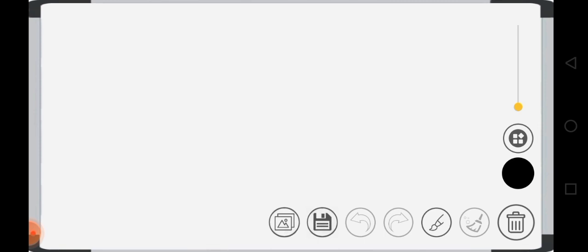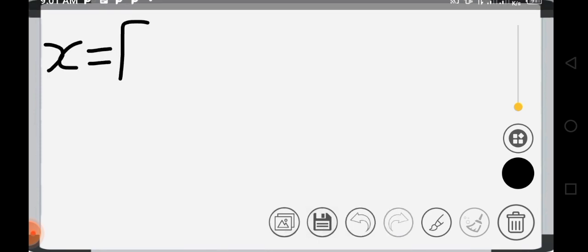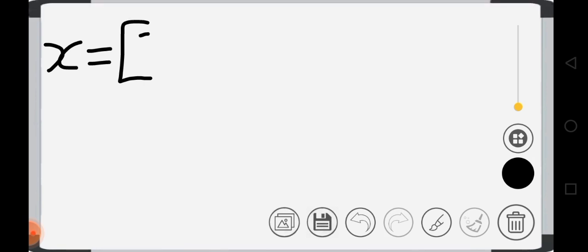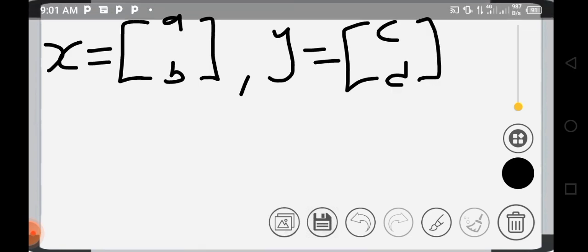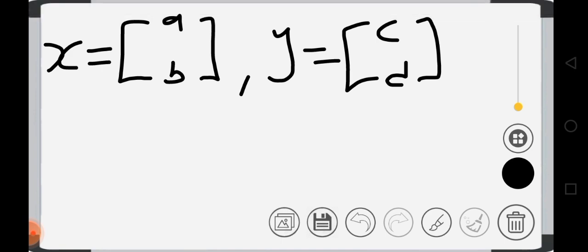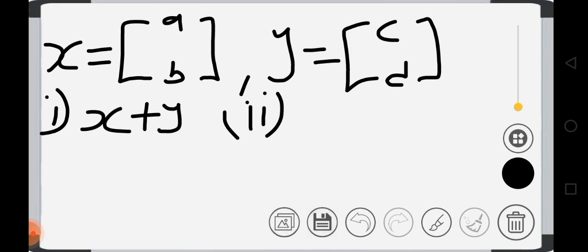Question 1. If x is equal to (a, b) and y is equal to (c, d), find x plus y, then also find x minus y.